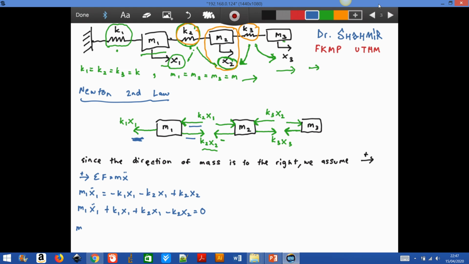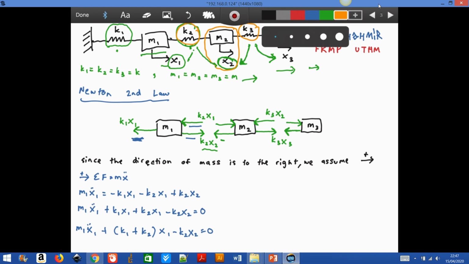We factorize: m1 x double dot 1 plus (k1 plus k2) x1 minus k2 x2 equals 0. So if you look back here, we've got one reaction here, 2 and 3 from S1. So 1, 2, 3, that means it's correct.